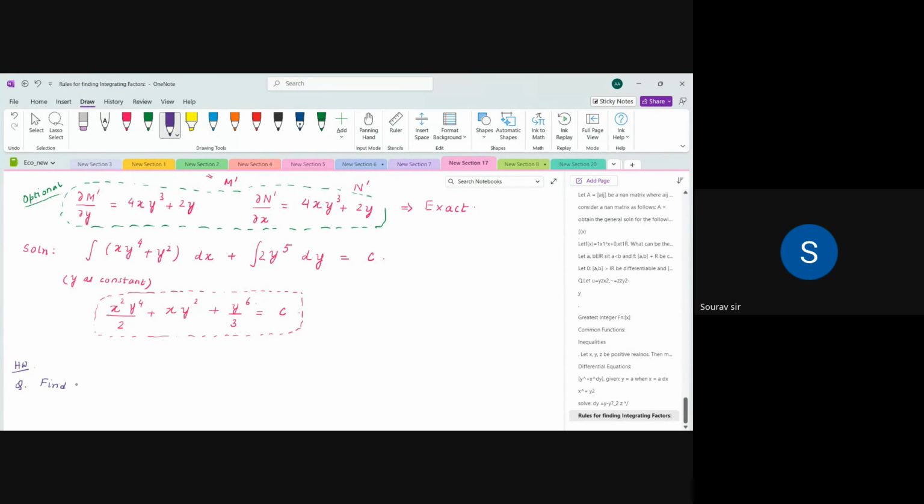Find the integrating factor and solve the differential equation. Okay. So try to work out the integrating factor and then make the differential equation exact and find out the solution for this.